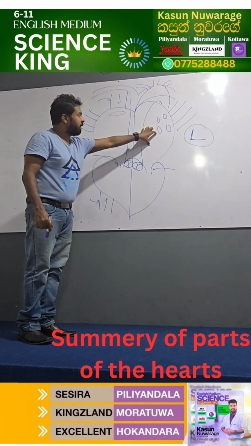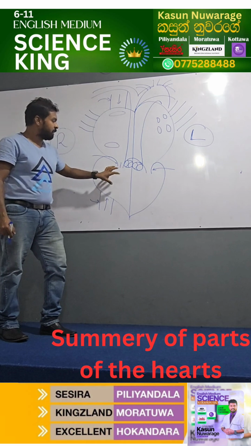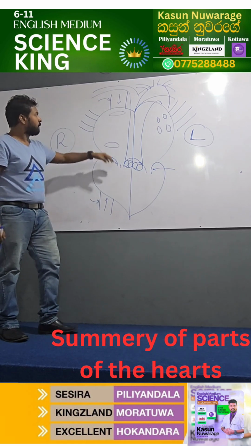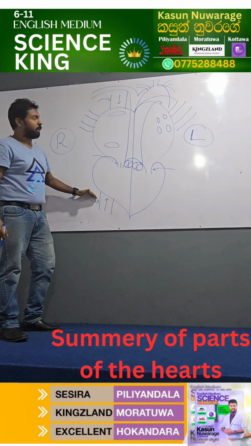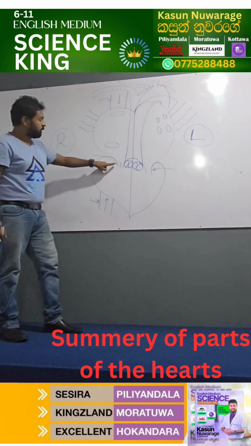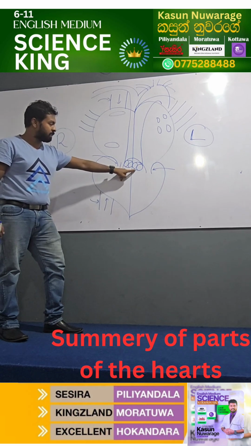Then this is the left atrium, right atrium, left ventricle, right ventricle. Superior vena cava, inferior vena cava. Then the tricuspid valve. Both of these are called semilunar valves.